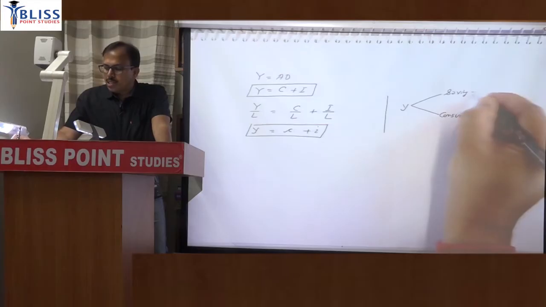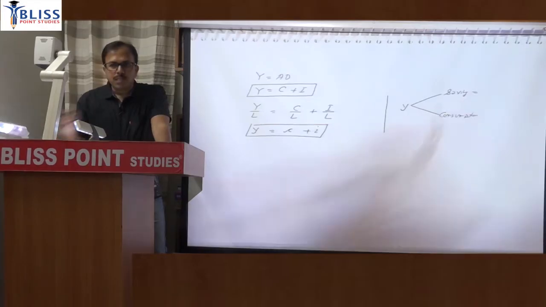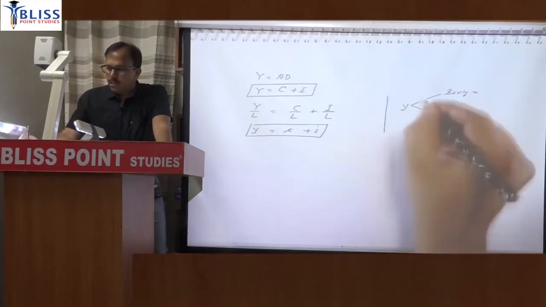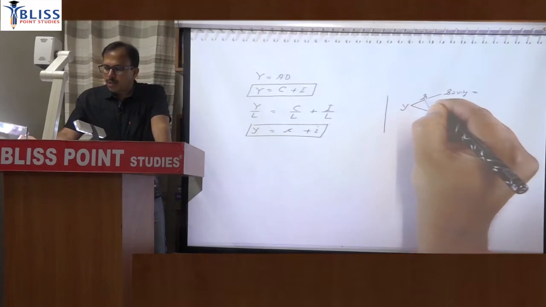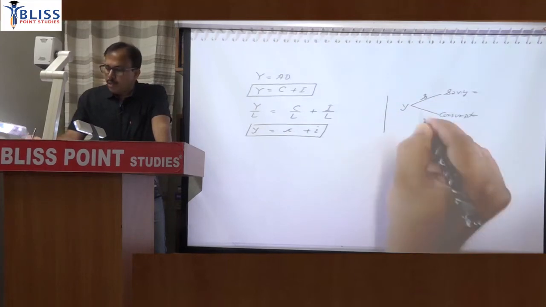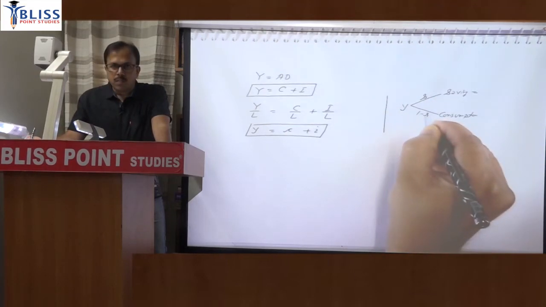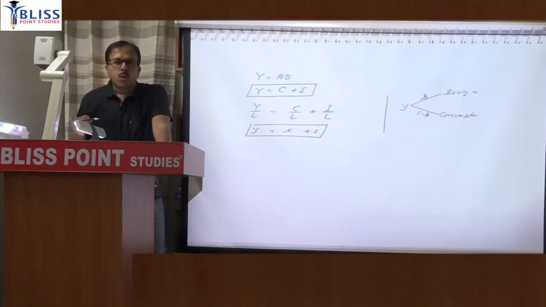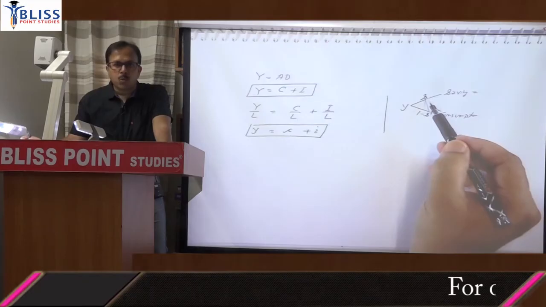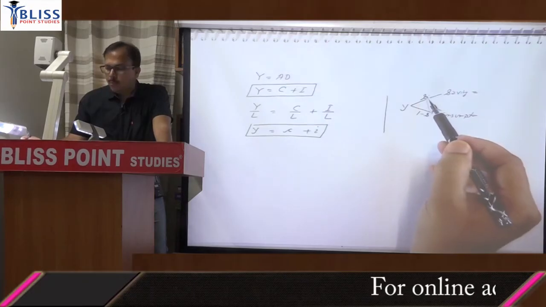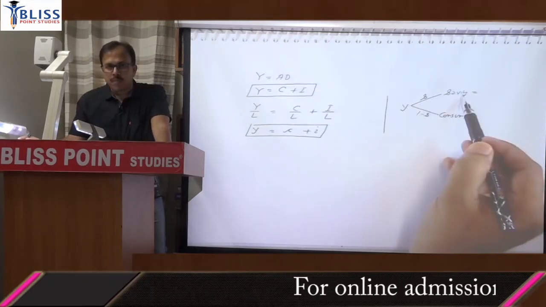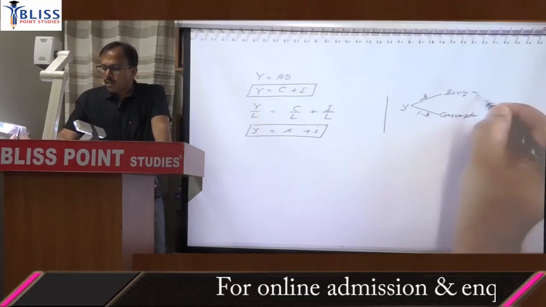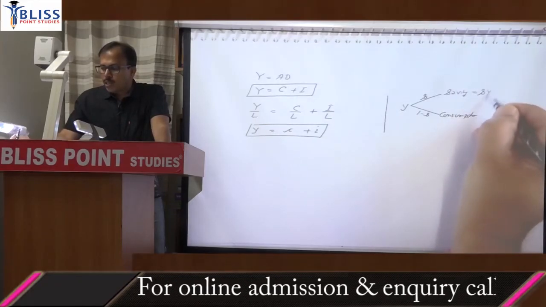But how much is saving? Saving is part of income. So this fraction is, let us say, small s. So the remaining will be 1 minus s. Clear? For example, if I say 20% of income is saved, that means small s is 0.2. So you multiply that 0.2 with the income, that will be the saving. So saving is 0.2 into income.